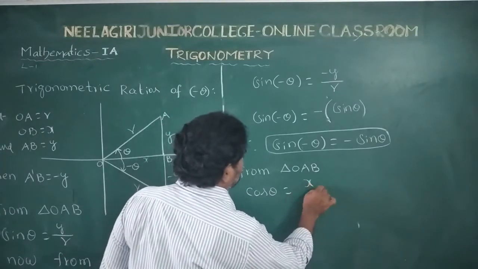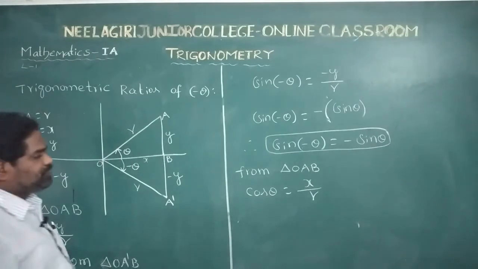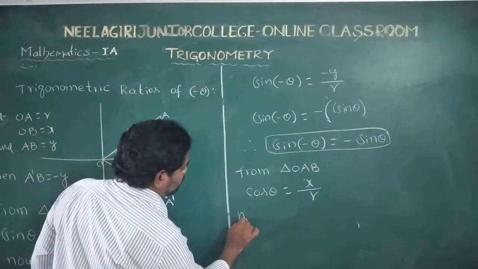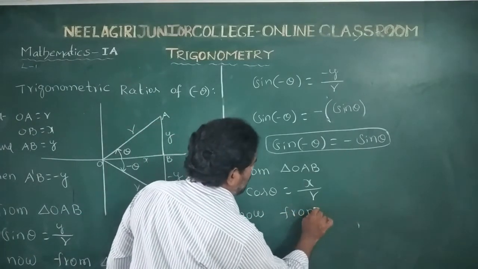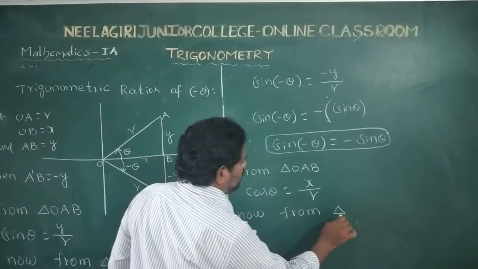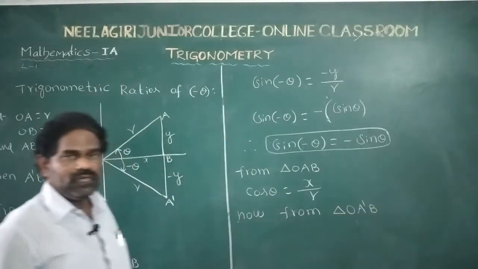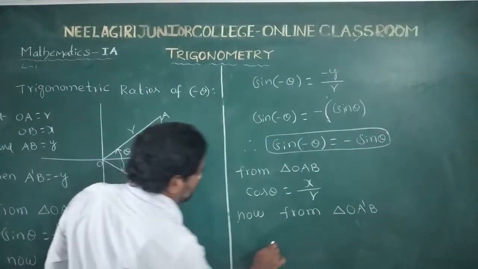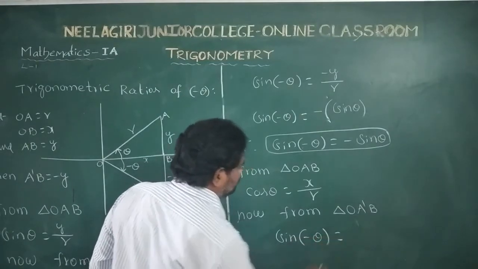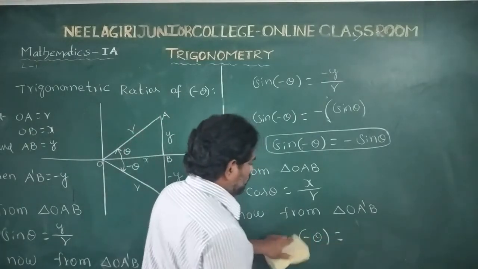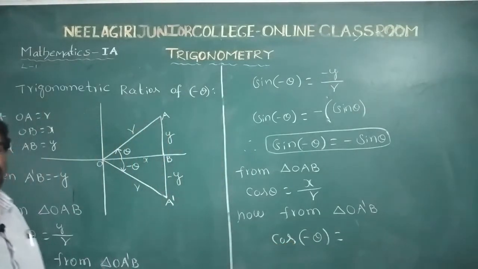Adjacent side x, hypotenuse r. Now let us see cos of minus theta.